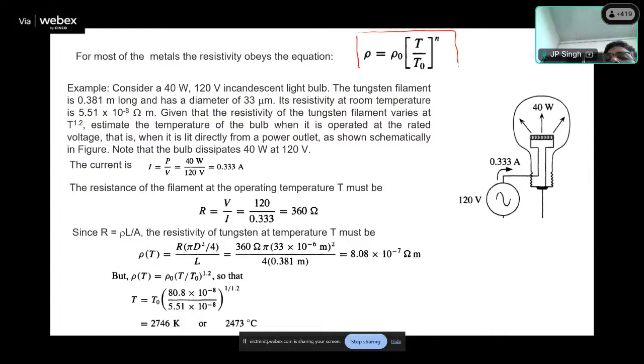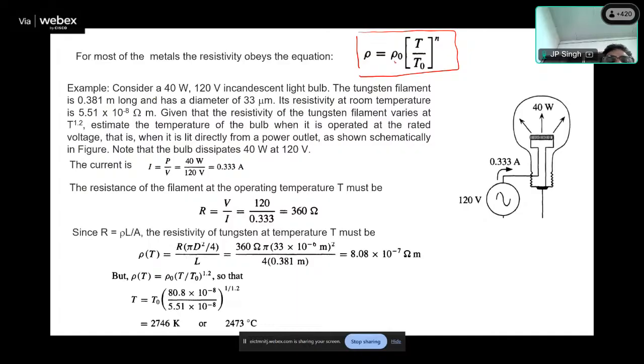Now, this is a general rule which tells us how the resistivity depends on the temperature. If T naught is one temperature at which the resistivity is rho naught, you can figure it out at any other temperature. It is a general rule where n is a number.